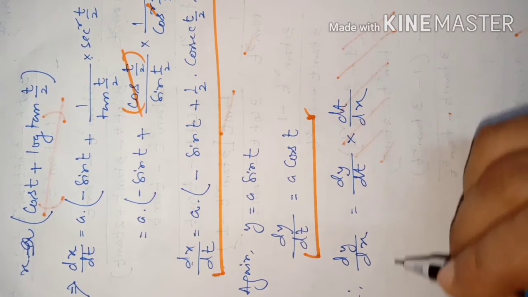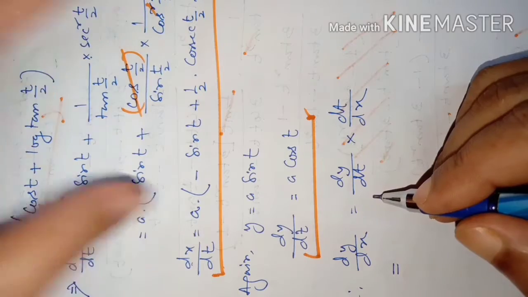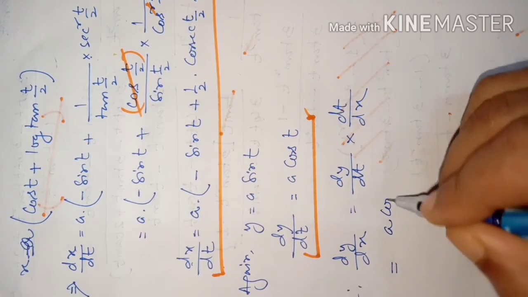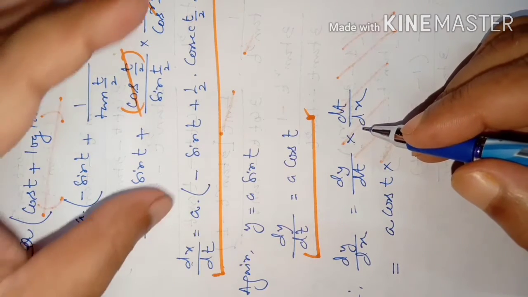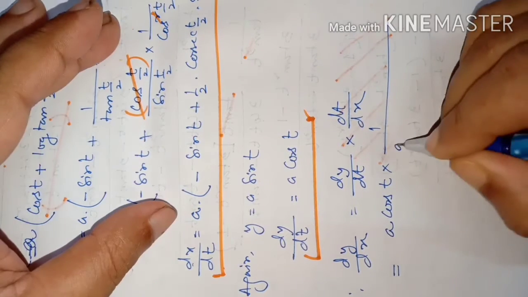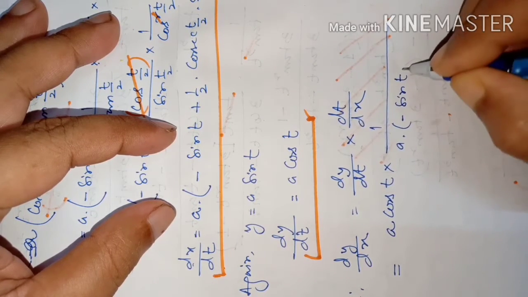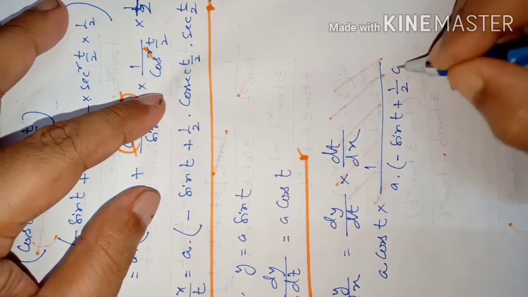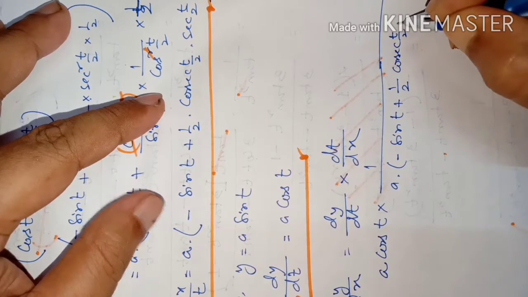So here we'll get dy by dt is this whole expression a cos t into dt by dx, means reciprocal of dx by dt, that is 1 divided by a into minus sin t plus half cosec t by 2 into sin t by 2.